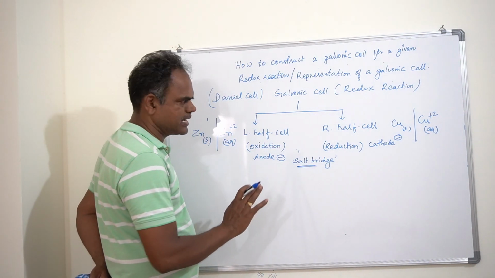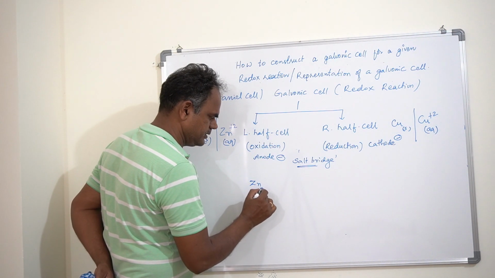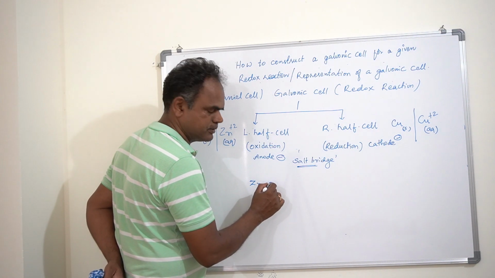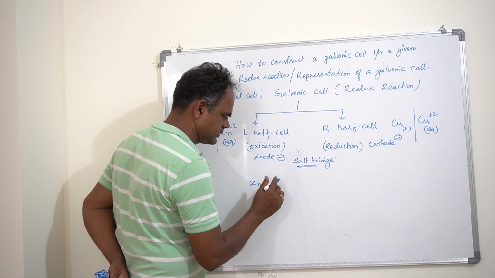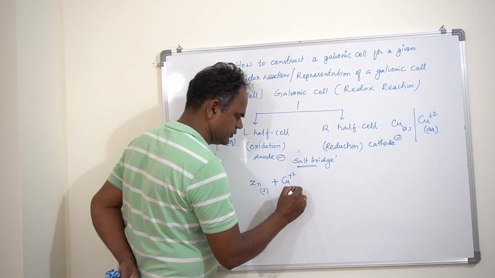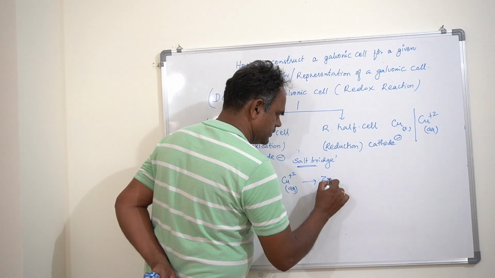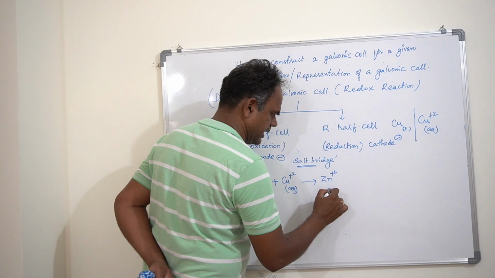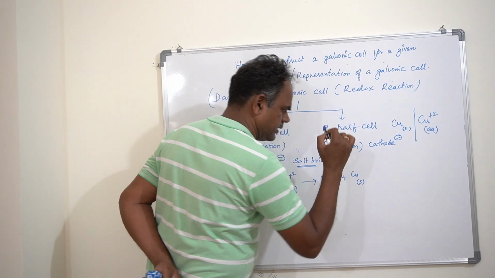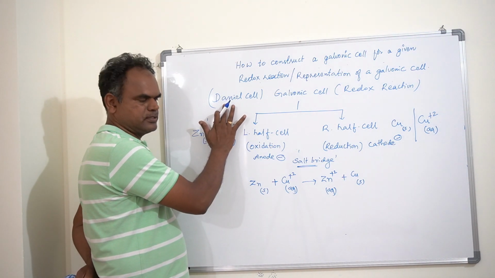The redox reaction in the galvanic cell is that solid zinc metal reacts with copper sulfate aqueous solution to form zinc sulfate aqueous solution and copper metal. I am writing the complete redox reaction: Zn + CuSO4 gives ZnSO4 + Cu. So this is the redox reaction that takes place in the Daniell cell.